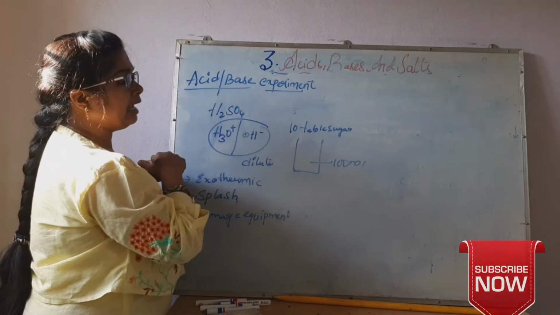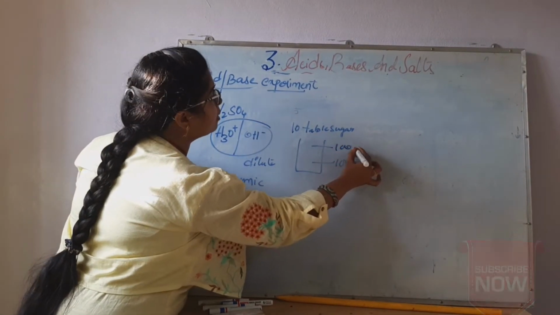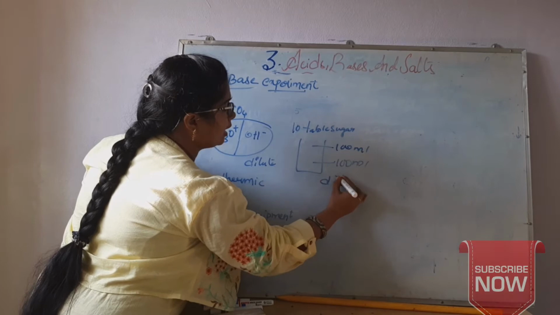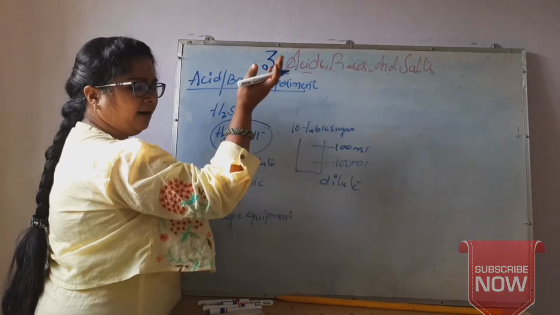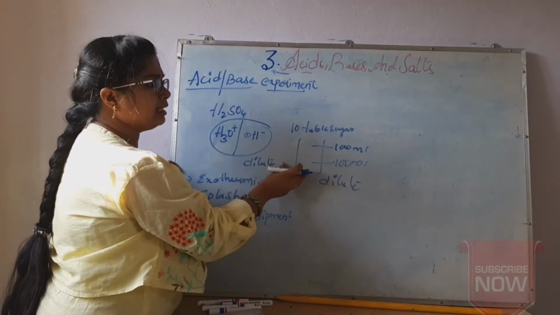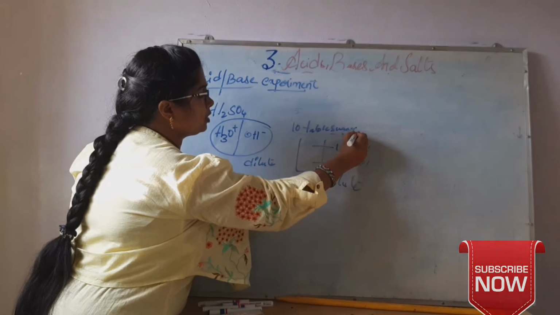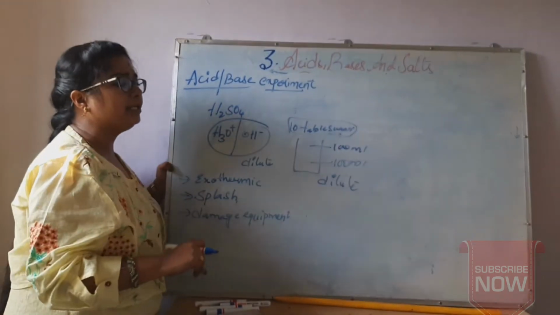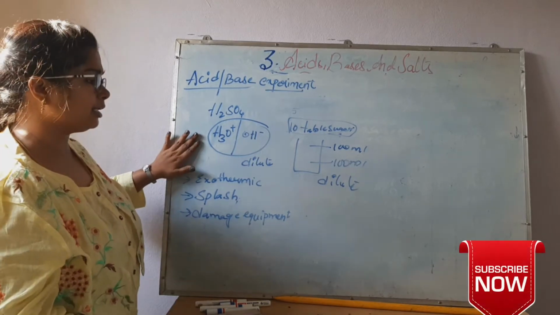If I add 100 ml more water to this sugar solution, then it becomes dilute. Means in a large volume of water, you are adding only a small quantity of sugar. In this way, it goes from concentrated to dilute.